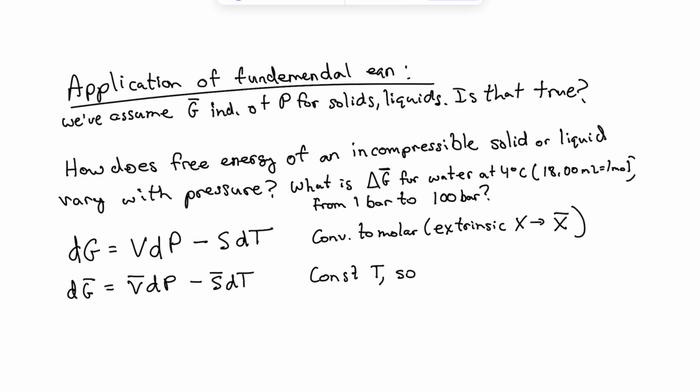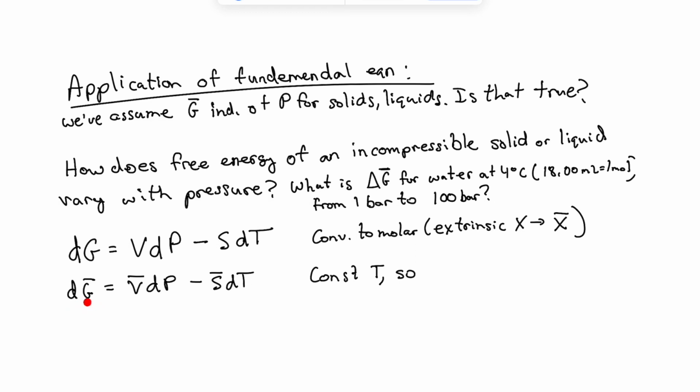Okay, so the first thing we're going to do is apply our fundamental equation. This is going to help us determine how G varies with pressure at constant temperature. We can see that's right there in the variables, so this is very convenient. First, we'll convert to molar quantities, so extrinsic X goes to an intrinsic X bar.